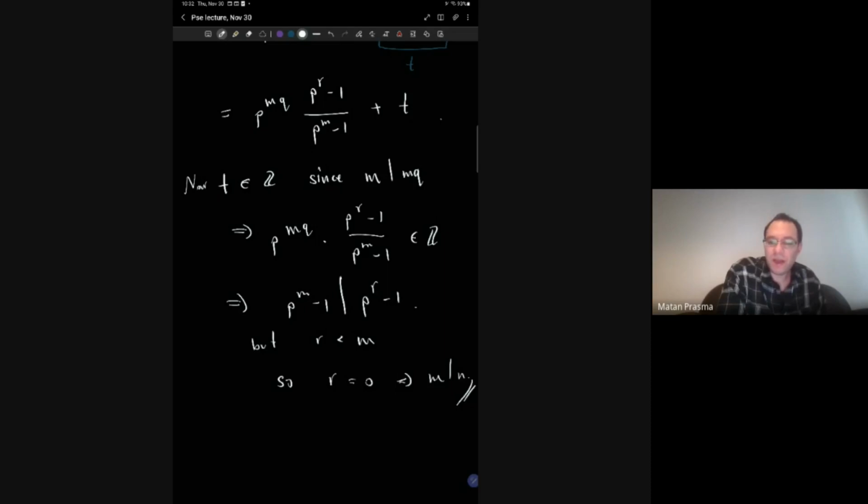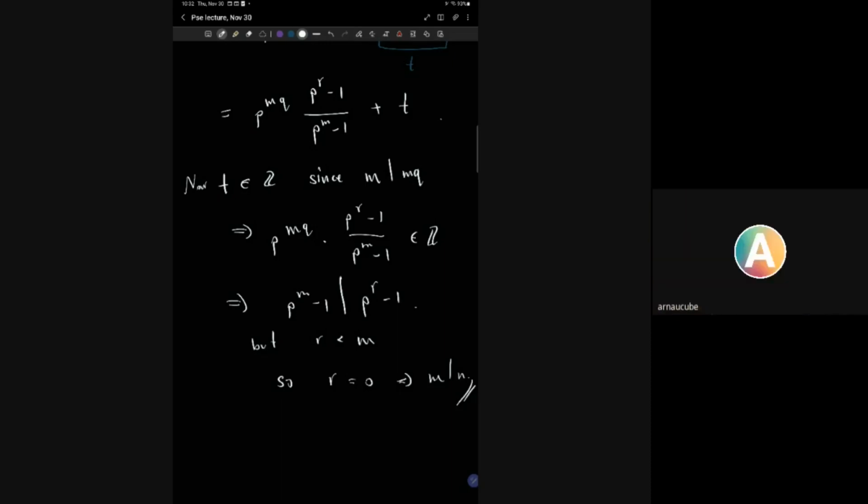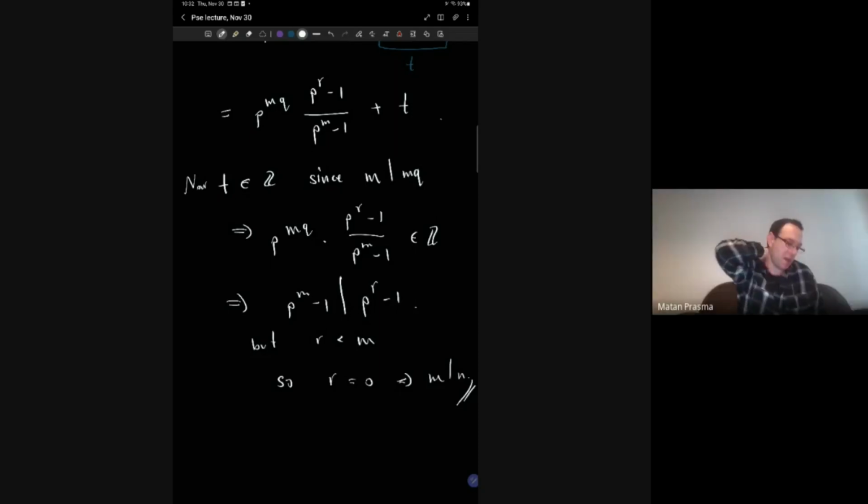Any question about the lemma? Yes, I have a question. So in this last step, how do you get that r is 0? Okay, it must be smaller than m, but why 0? If m is bigger than r, then p to the m minus 1 is bigger than p to the r minus 1.